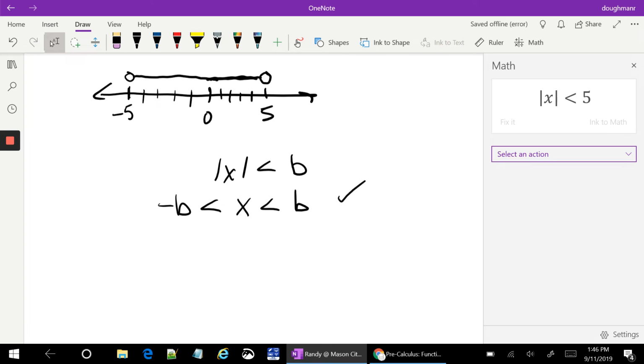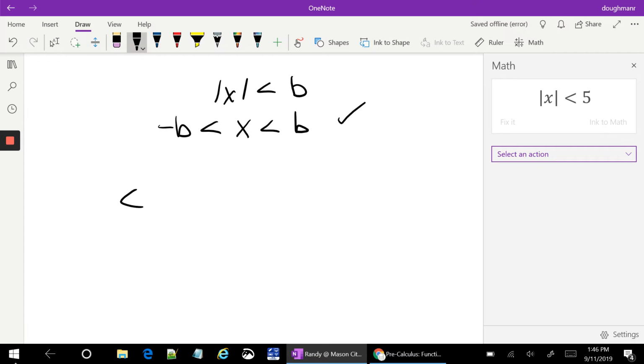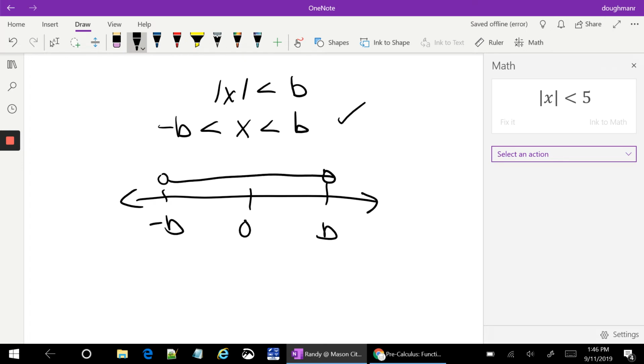All right, another thing I want to go back here and realize is that this written as interval notation up here is -5 all the way to 5. So a number line here using b, you get 0, b, and -b, all the numbers in between. So we know that the interval from -b to b satisfies that inequality.